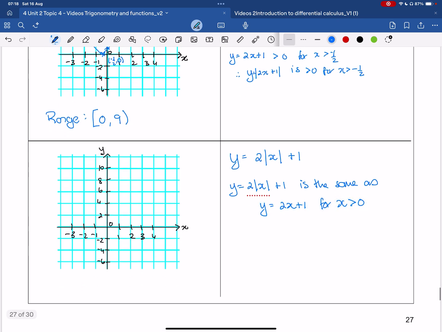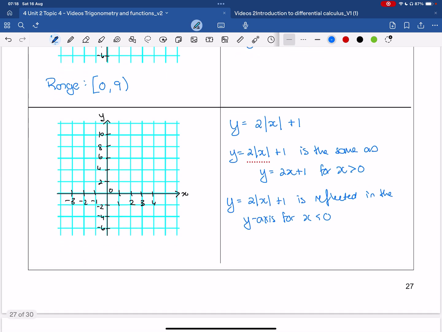And it is reflected, and I'll show you now why. It's reflected in the y-axis for x less than 0. And it might help to just draw a little table of values and just show you why that happens.